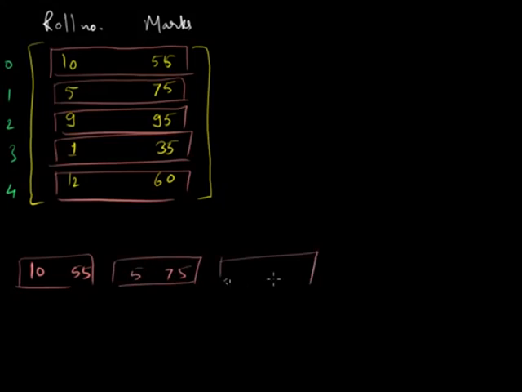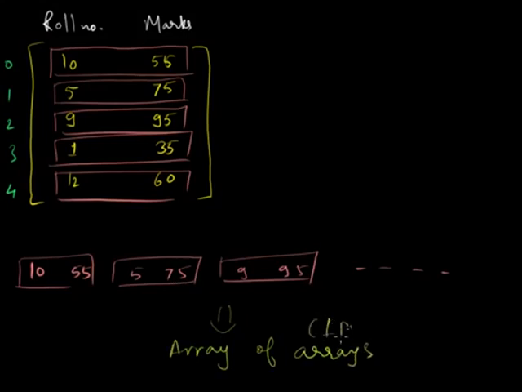This is the third array, 9 9 5, and so on. Now what you have seen is nothing but an array of arrays, and these are 1D arrays, right? An array of 1D arrays is nothing but a 2D array.